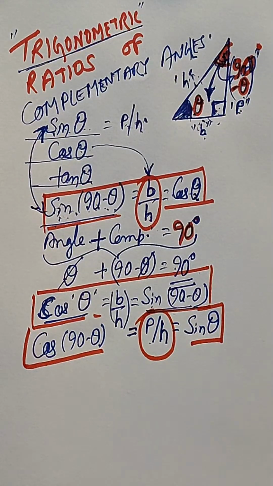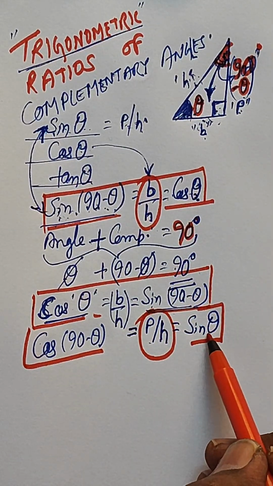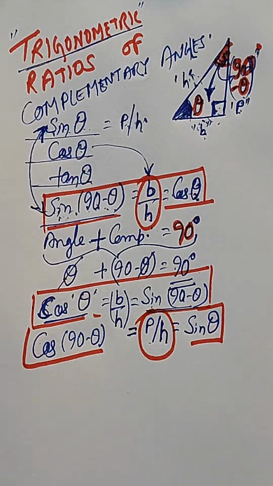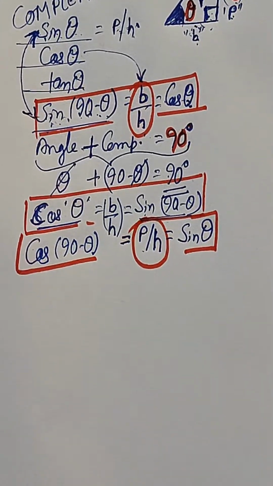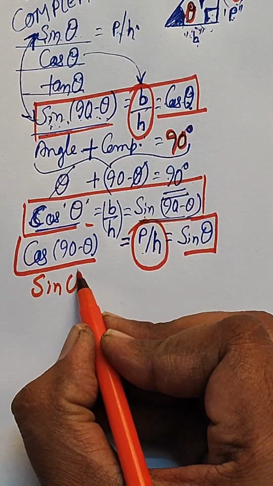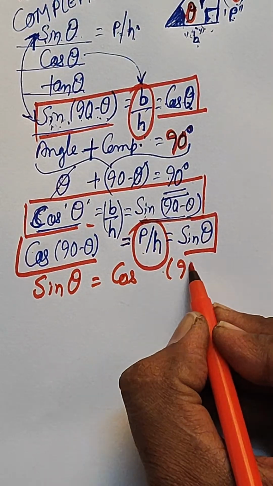So the concept of complementary angles shows that when you take the sine of any angle, the cosine of 90 minus theta will be equal to that. Let me summarize it this way: sine theta can be written as cos 90 minus theta.